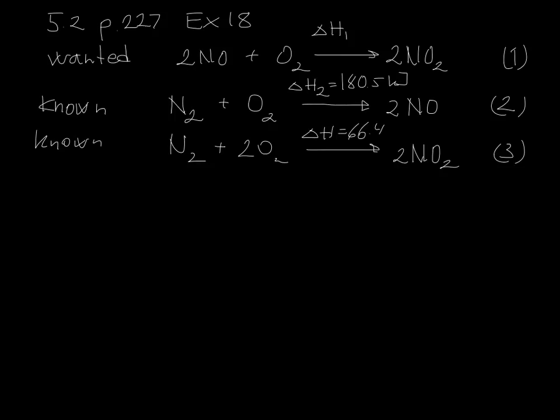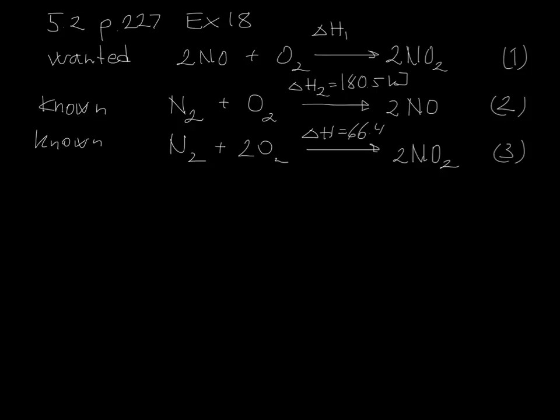Okay, let's look down. Of course, we have to use number 2 and 3 to find out number 1. If we look at number 1, you can see that we have to the left nitrogen oxide that is consumed, and we produce nitrogen dioxide.